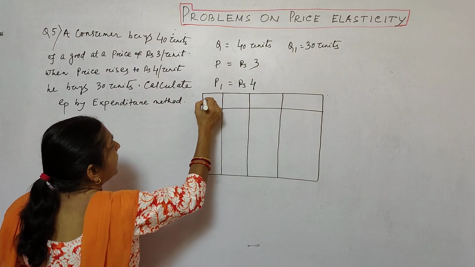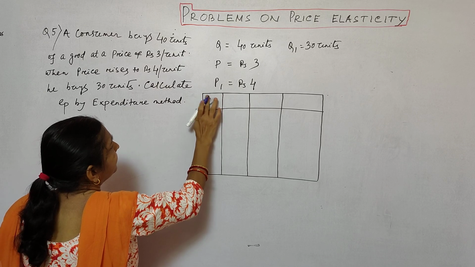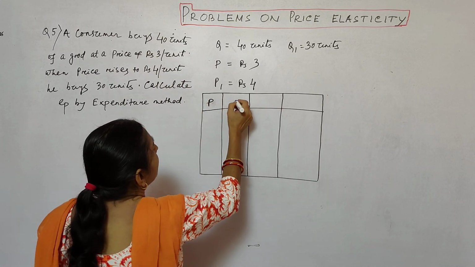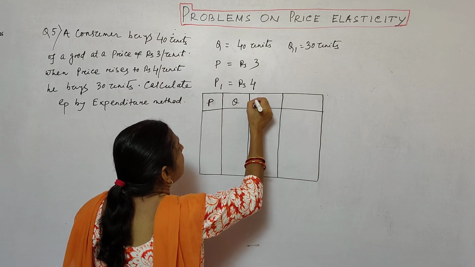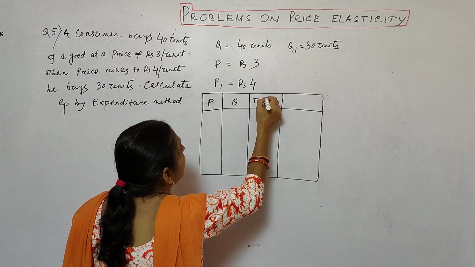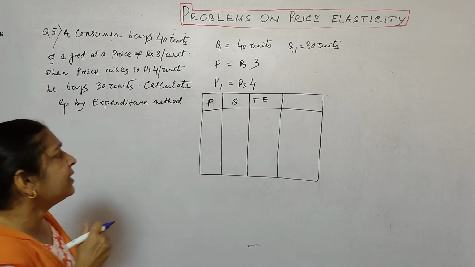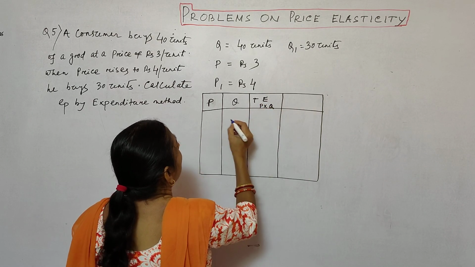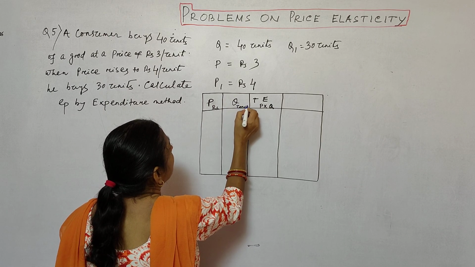This is price. This is quantity. This is total expenditure. How will we get total expenditure? Total expenditure is price into quantity. This is in rupees. This is in units.